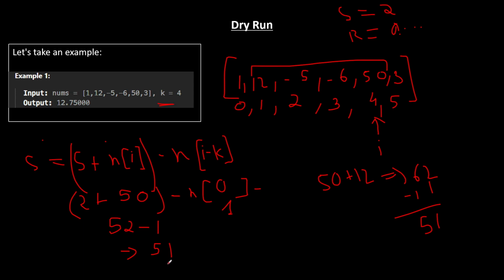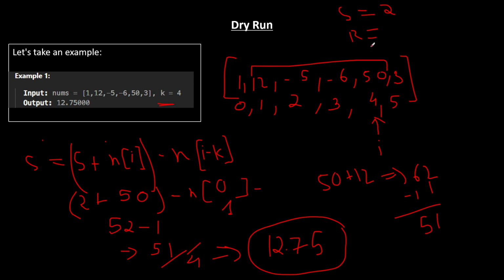Now we got 51, and when we divide 51 by 4, we get 12.75. Now this 12.75 is greater than the 0 point something which we got earlier. Yes, it is. So we will replace this with 12.75.